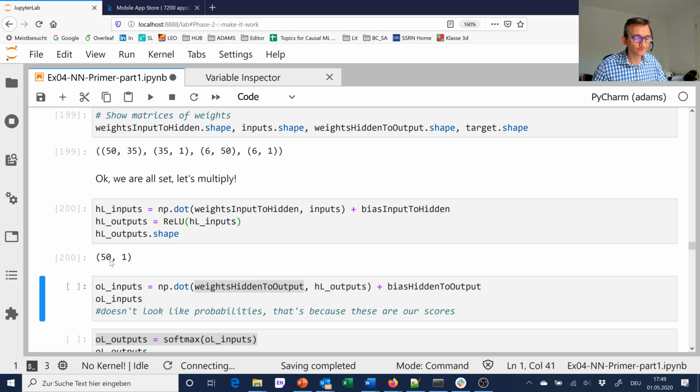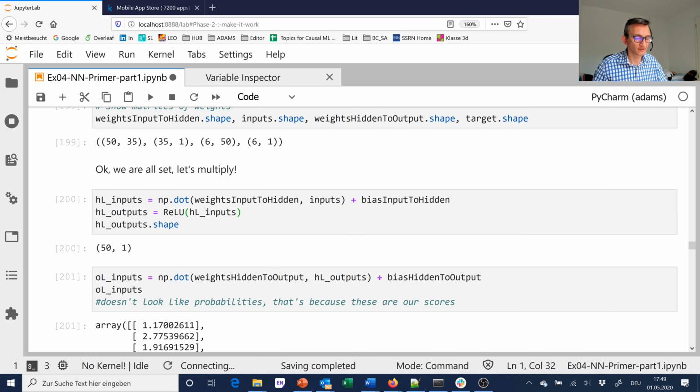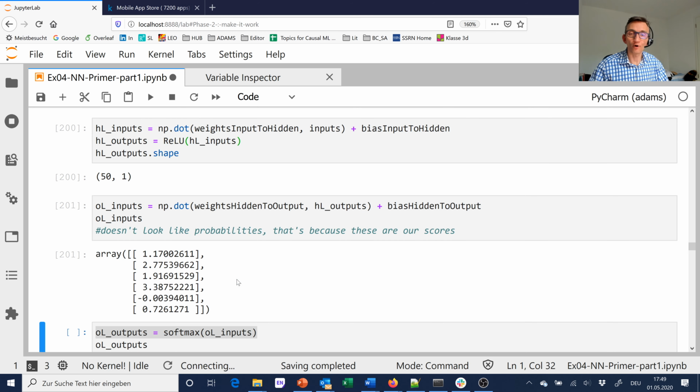There, the weight matrix was M. M is 6 by 50. So multiplying that works out. We're calculating the dot product. We're adding a bias. And then we have our outputs. And obviously, these outputs don't look like probabilities.